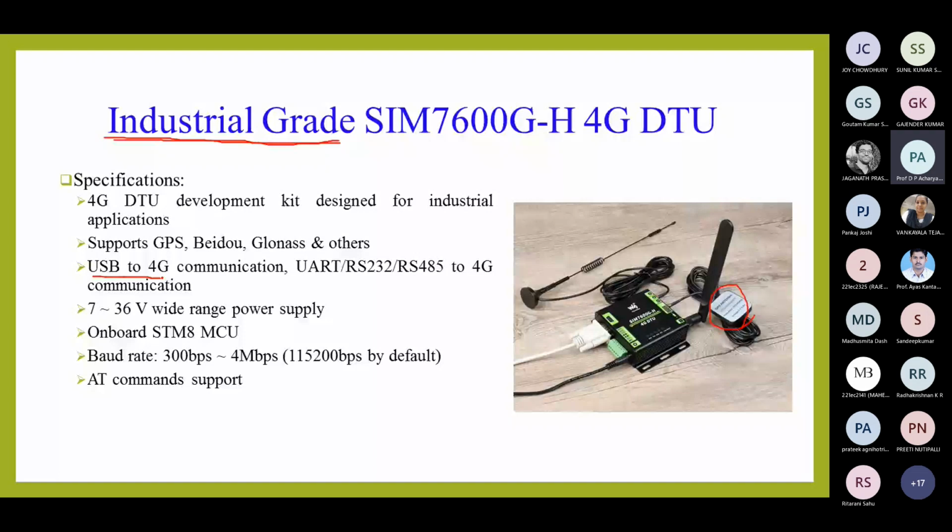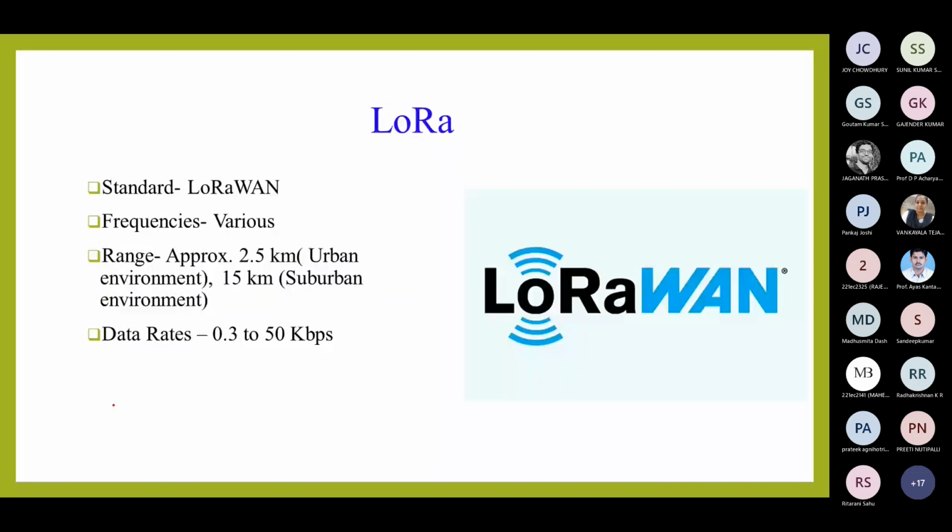There is an onboard STM microcontroller unit. The baud rate is 300 bps to 400 bps. Of course, it supports AT commands. All of them support AT commands for easy programming. Okay.